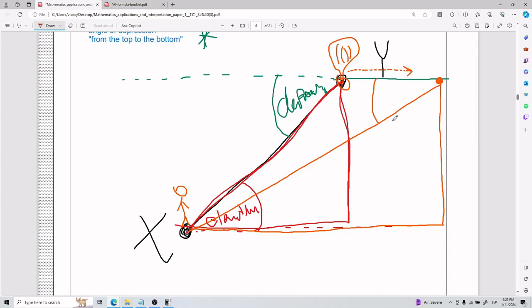Think about the angle of your head. If you were very, very close to your friend in this hot air balloon, how would the angle of your head be? You would be looking almost straight down, pretty much. So the angle of depression when you're very close is very big.